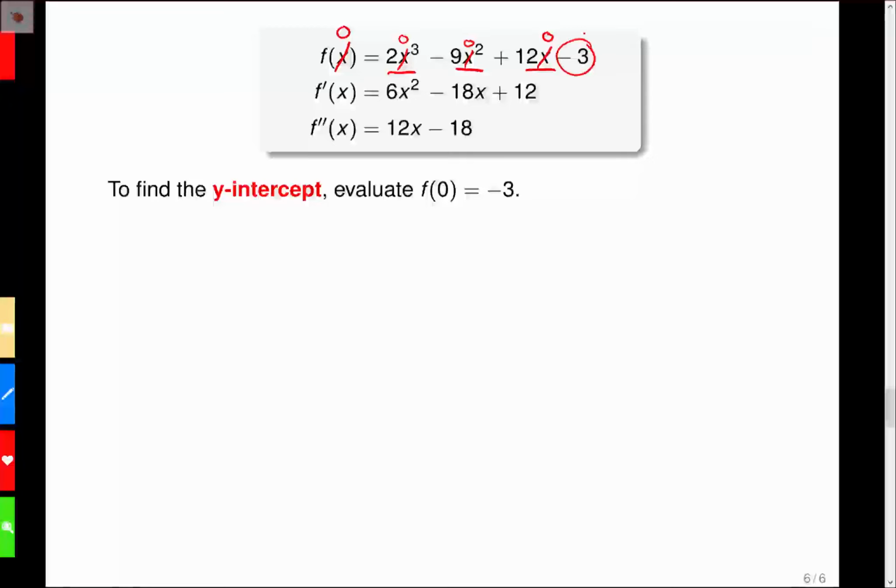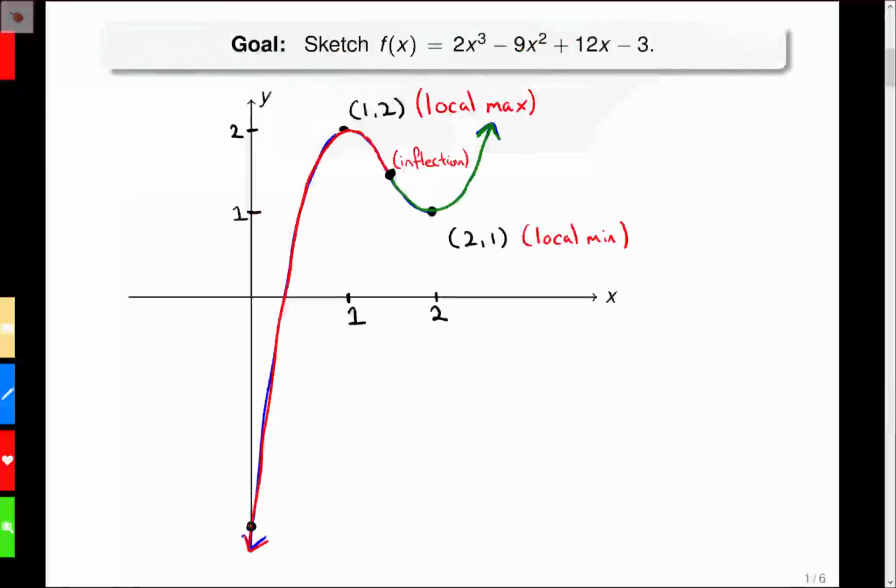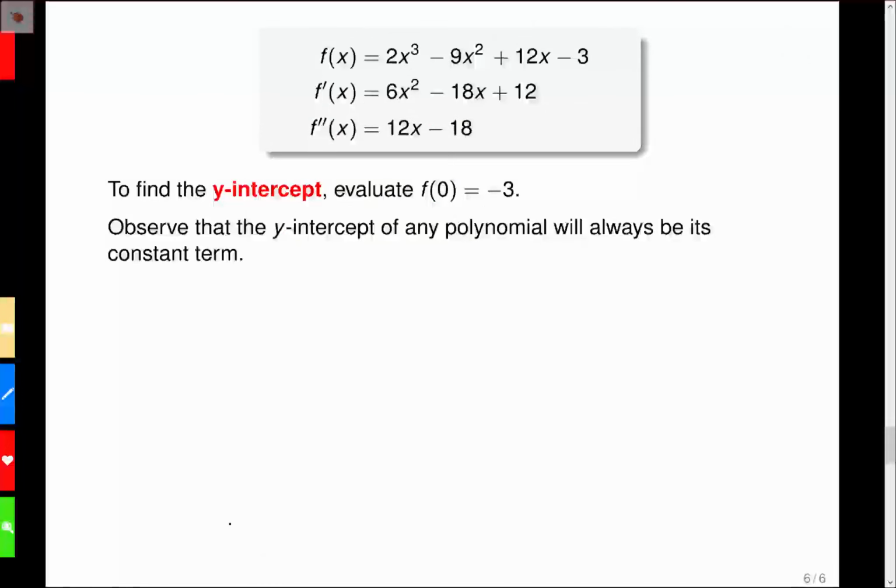Thus, negative 3 is the y-intercept. More generally, the y-intercept of any polynomial will always be its constant term, since all the other terms will vanish when you set x to be 0.